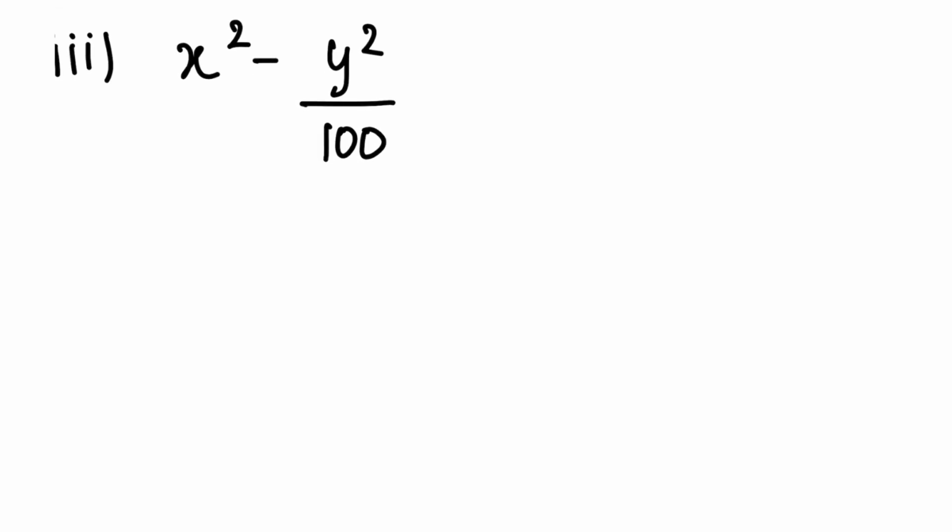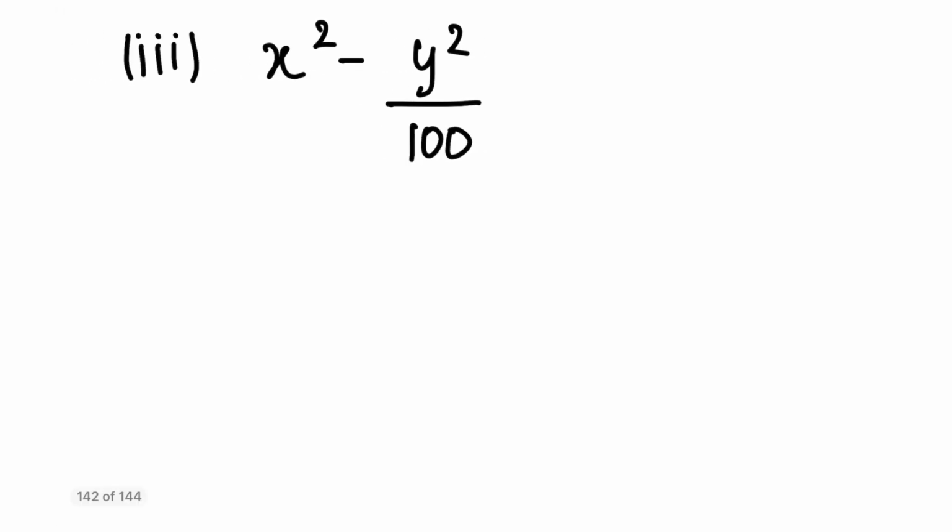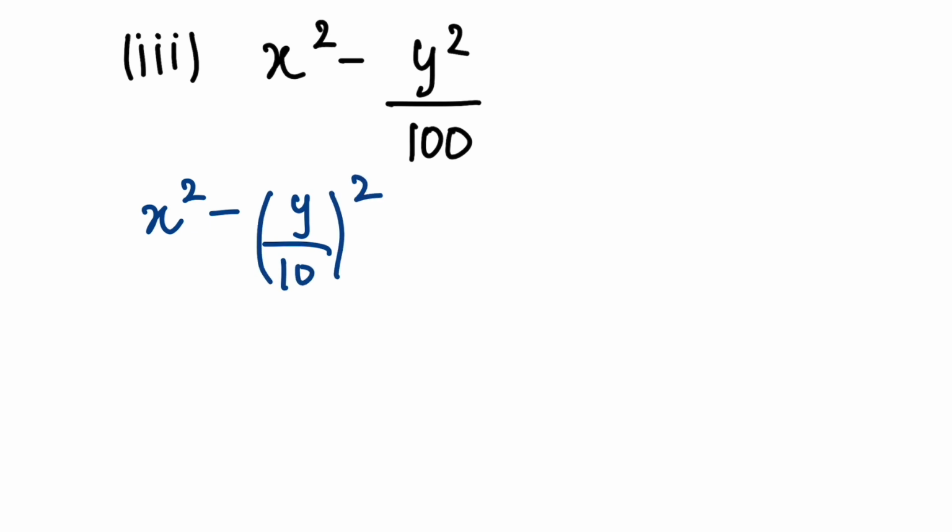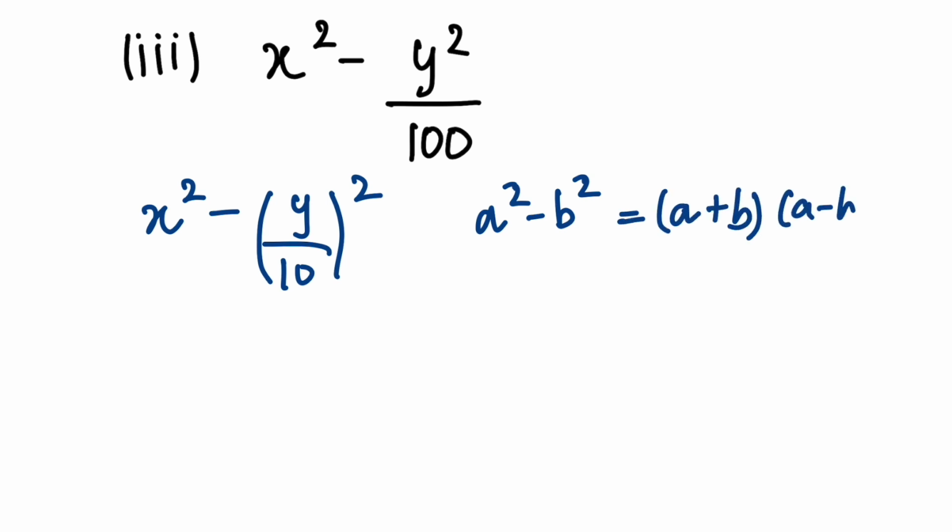Moving on to the third subdivision, we have x squared minus y squared by 100. Now this can be written as x squared minus y by 10 the whole square. And this is of the form a square minus b square, where a is equal to x and b is equal to y by 10, and this can be written as a plus b into a minus b.